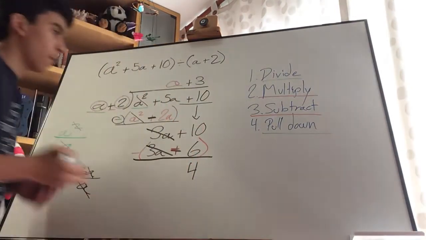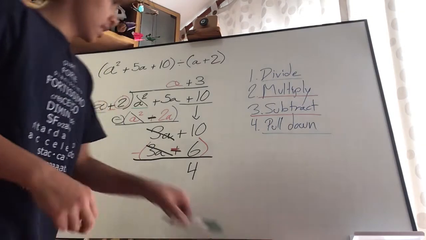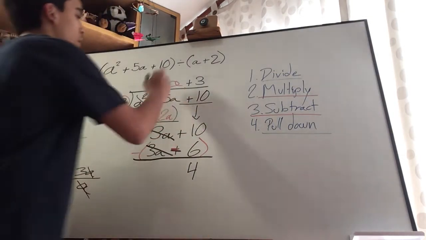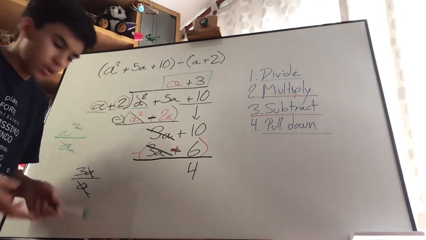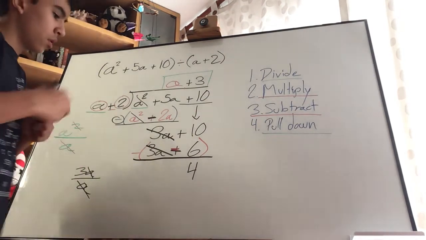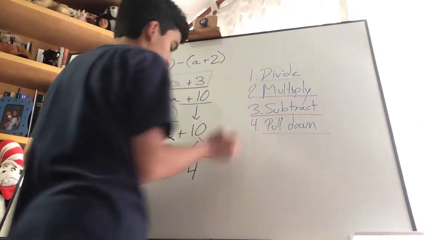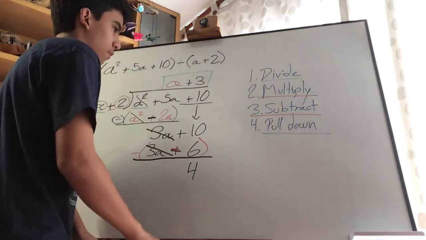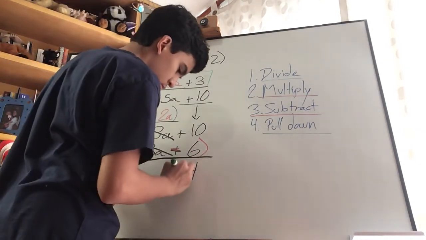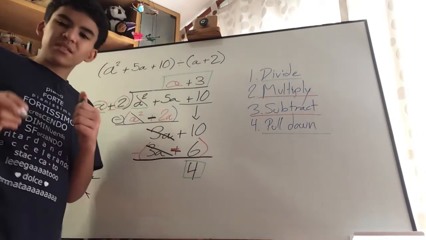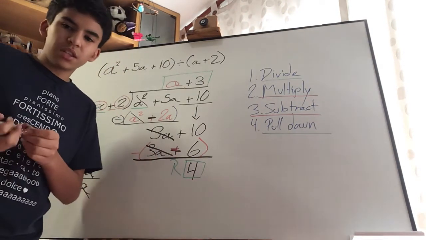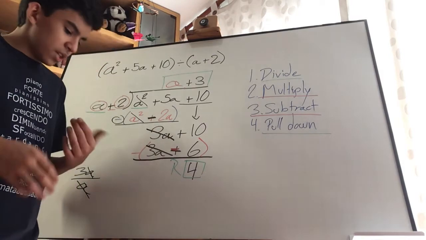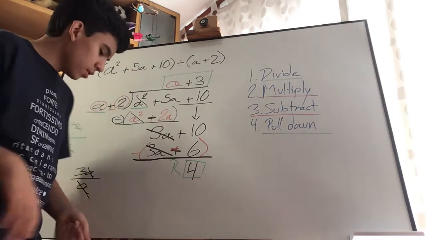We have 4. Now, we would say that our answer is a plus 3 with a remainder of 4, right? But if we write it as remainder 4, it's not the best way to represent it.